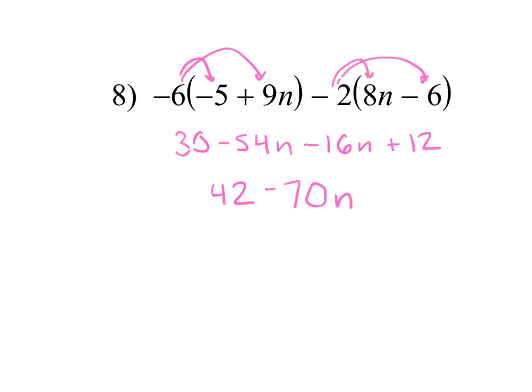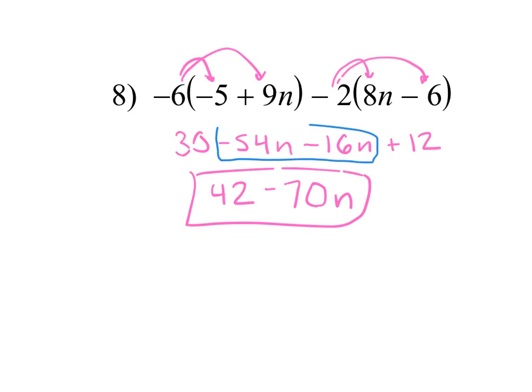Perfect. I got 42 minus 70n. We have negative 54n minus 16n. When we add our two negatives, our answer is going to be negative.